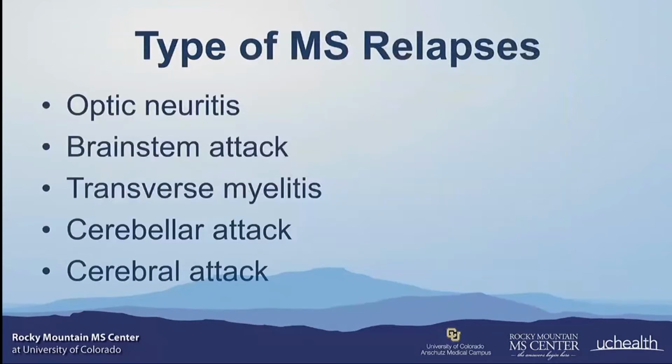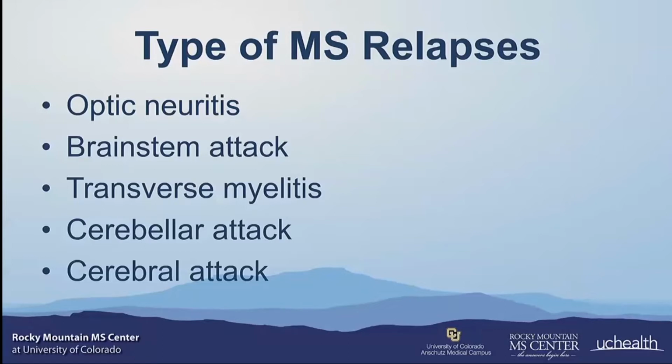So when we think of MS relapses, they tend to follow a particular pattern or affect a particular part of the nervous system. One common one would be optic neuritis, where a person might develop some blurred vision, typically on one side, occasionally on both sides, and often associated with pain or soreness with eye movement. A brainstem attack that might include numbness on the face or weakness of the face or double vision or other types of symptoms.